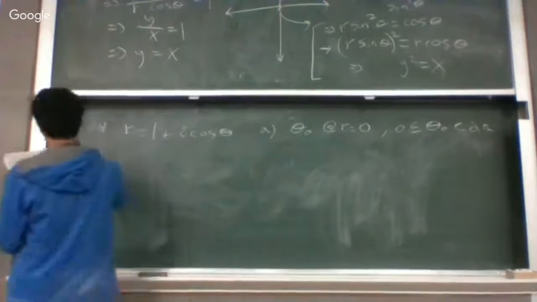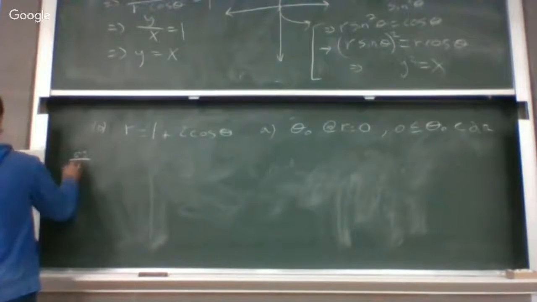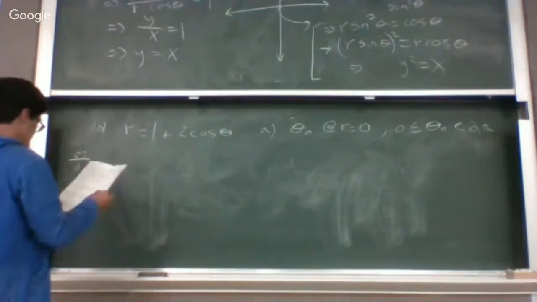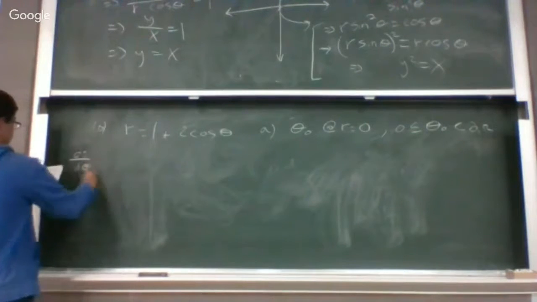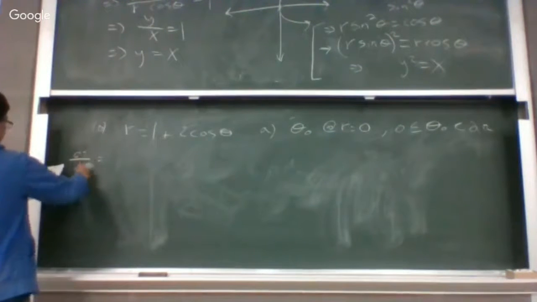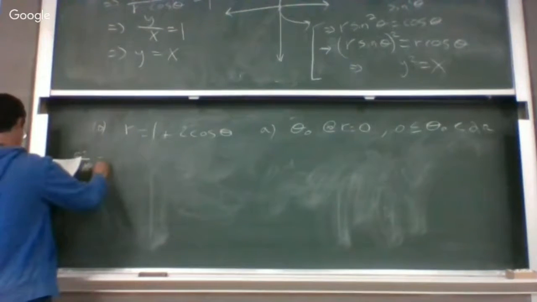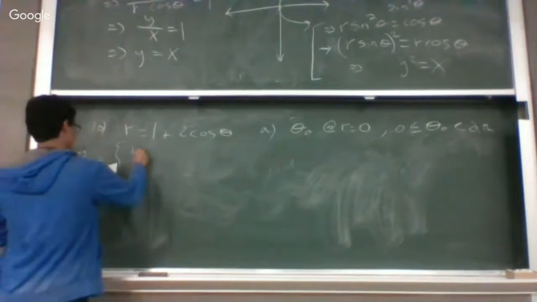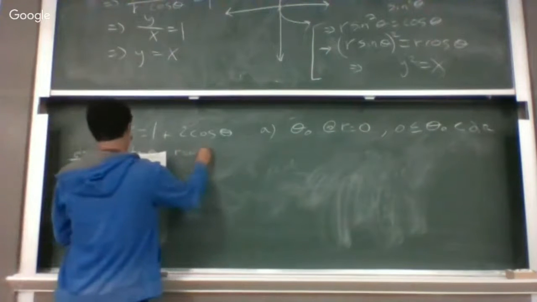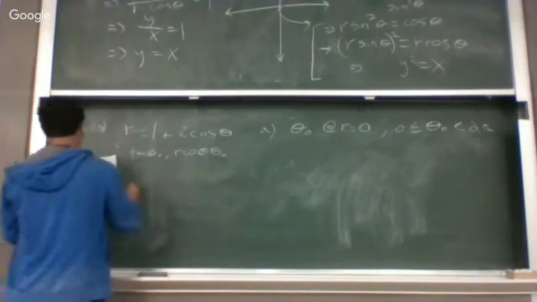And they tell you this, dy over dx, might be dx, we'll go with that, is equal to tangent of theta naught, and r is equal to 0 at theta naught. This is what they give you.